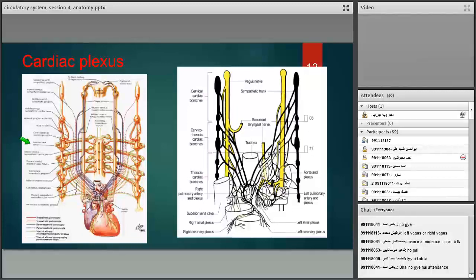And as you said, at the time of exercise, or when you are afraid and doing something horrible, the sympathetic is working, and the heartbeat and blood pressure are rising, and the parasympathetic works when you are relaxed, and the heartbeat becomes lower.